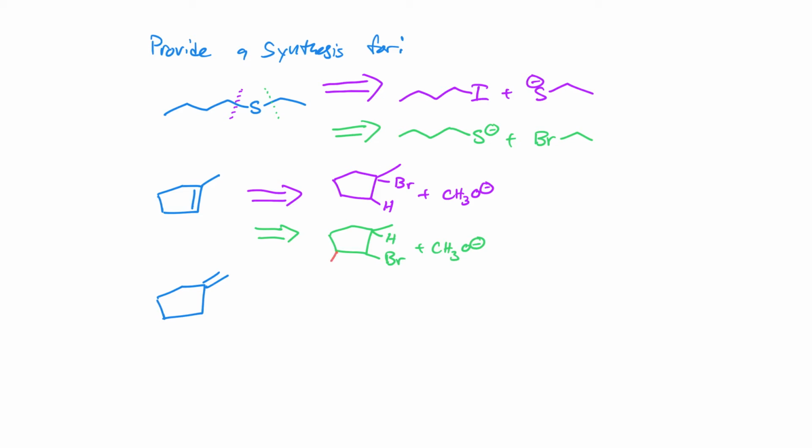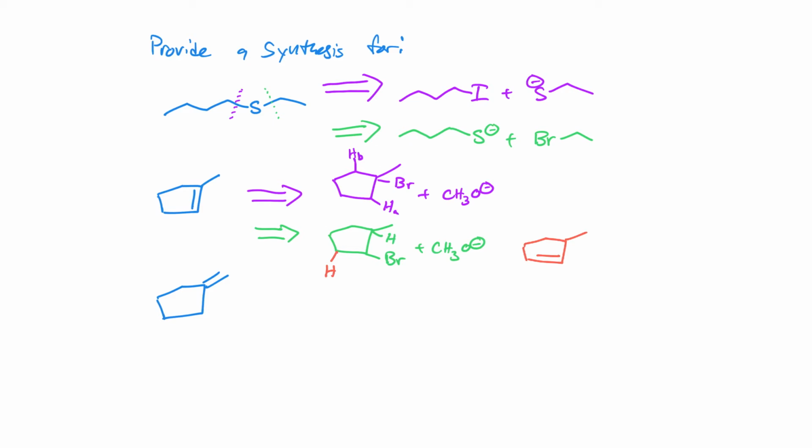There's another beta position right here, and I might end up with that if I were to remove the red hydrogen. If I were to look at another beta position here, that I think would give me the same exact product as my initial, if I call this HA and HB.